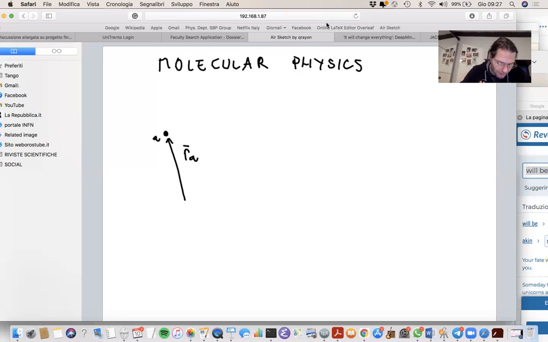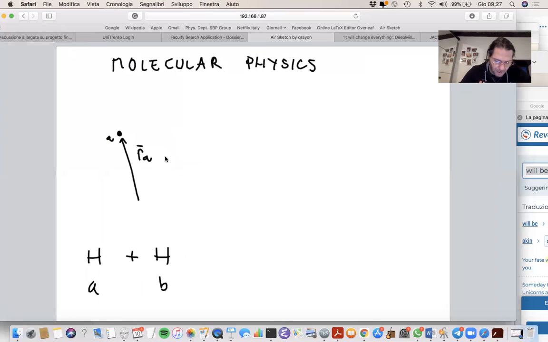Let's call the first hydrogen atom A, and the second hydrogen atom B. And let Ra be, in some reference frame, the position of the first hydrogen atom, and let there be an electron which we will label with the index 1, the first electron in our problem. Of course, you can have a distance of this electron from the origin. That's going to be R1.